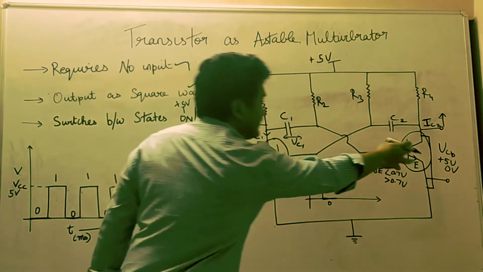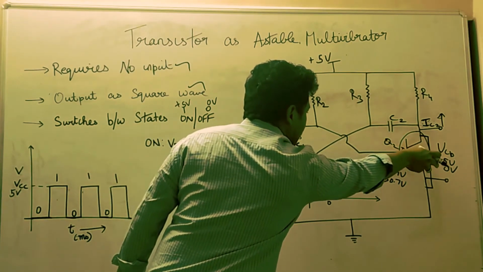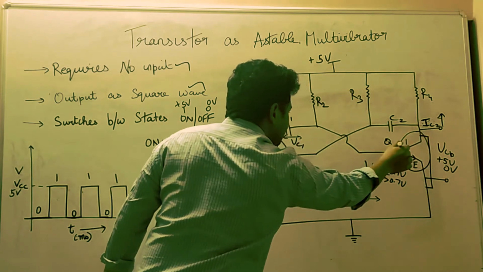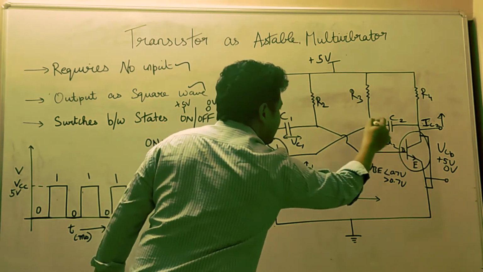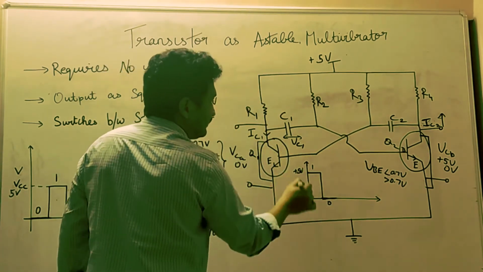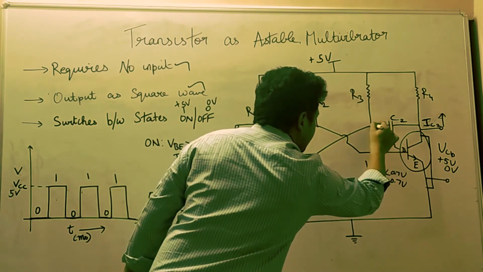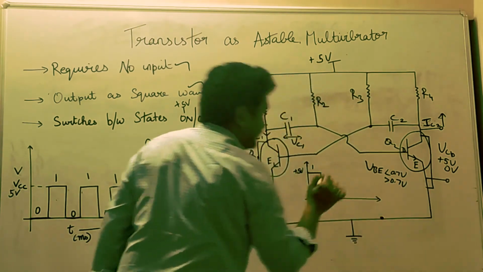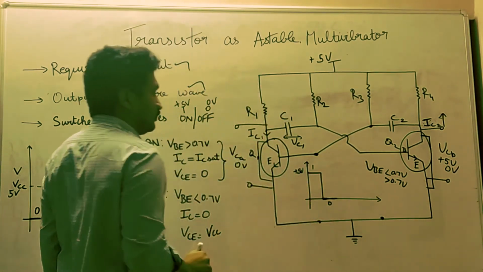If this is at state 0, this VCB 0 volt is realized as the supply of this transistor base emitter junction. This VCB now is 0, and from here if you measure, it is 0 volt. Again if you measure here, it is 0 volt.